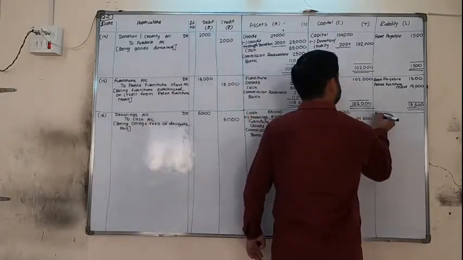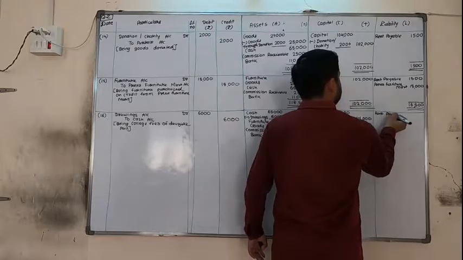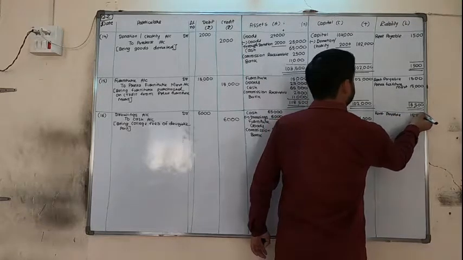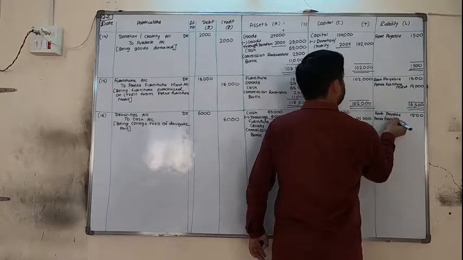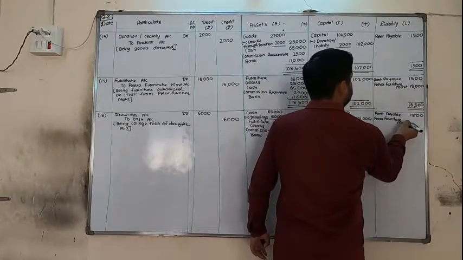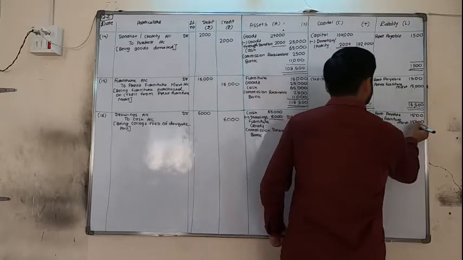Liabilities. Rent payable 1,500. Preksha Furniture Mart 15,000.